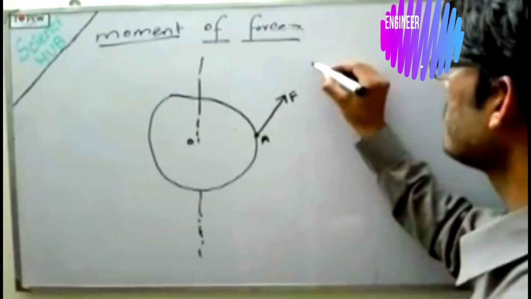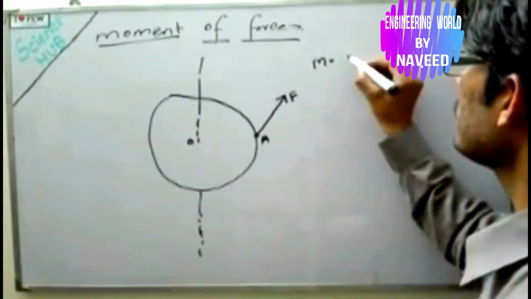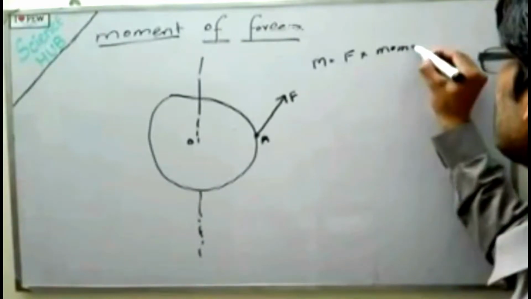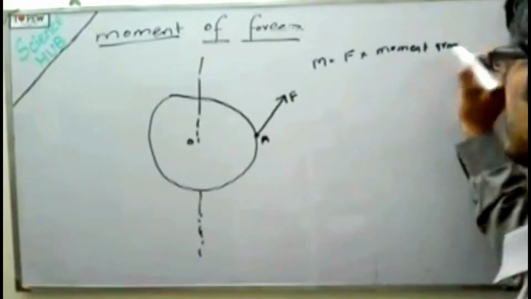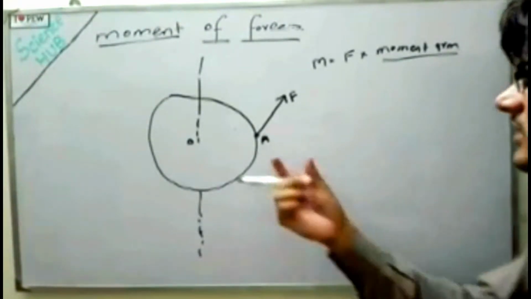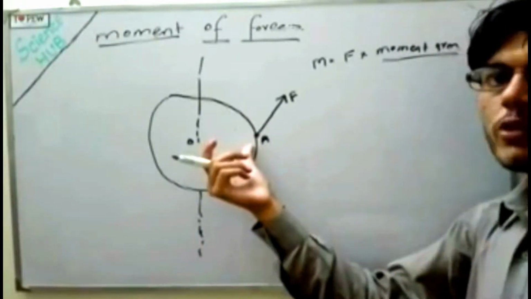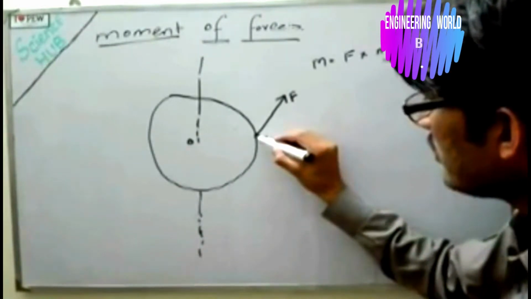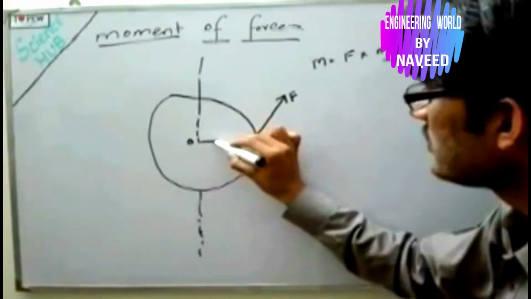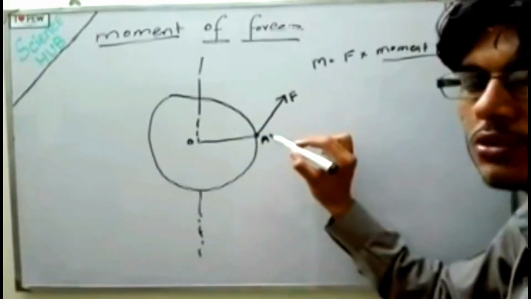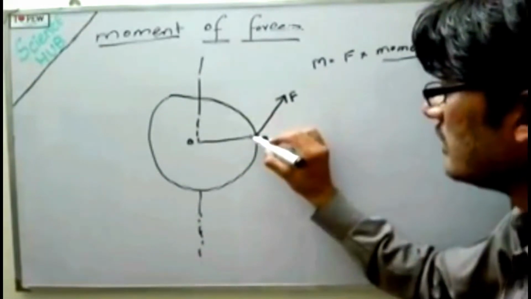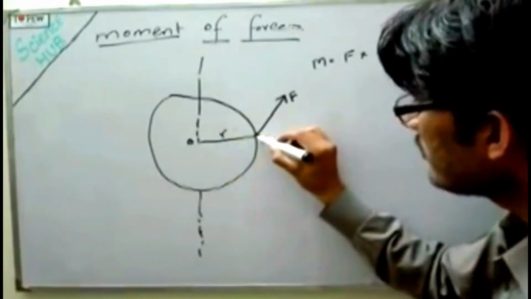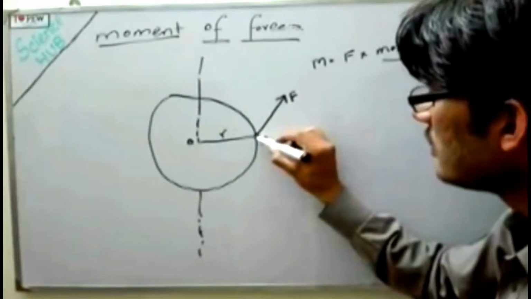We know that the moment of force is equal to the force multiplied by the moment arm, and the moment arm is the perpendicular distance from the point at which the force is applied to the axis of rotation. Here the distance OA is not perpendicular. So how do we find the perpendicular distance? Let's say this is equal to the radius r. For that we resolve the force.